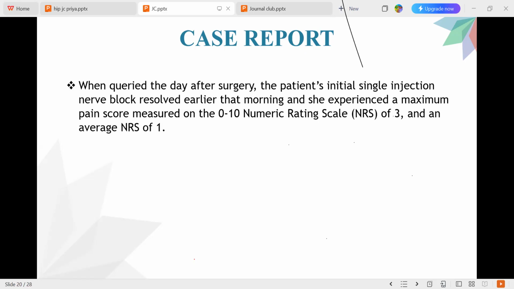They have not mentioned how they assessed. And Anju goes on to ask, what was the ropivacaine concentration used? 0.2% ropivacaine, sir.